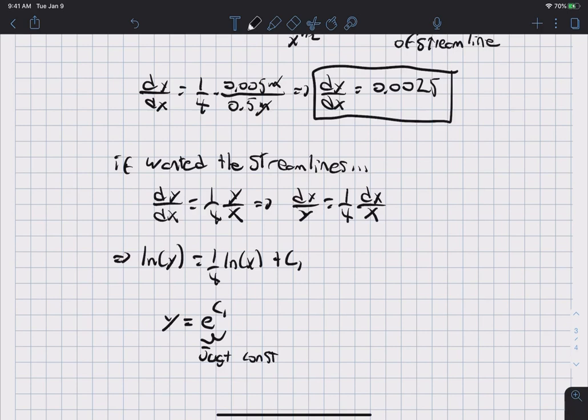I'll just call that c, because e to the constant is just another constant, times x to the 1/4 power. So this implies that the equation for the streamline is given by y equals some constant times x to the 1/4 power. And recall that this constant is different for each streamline.